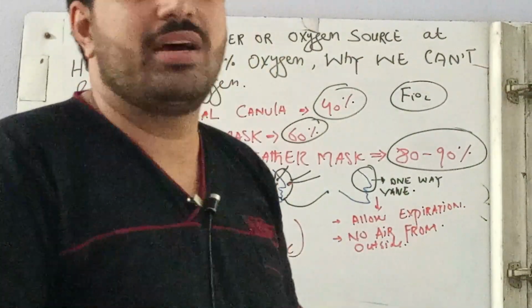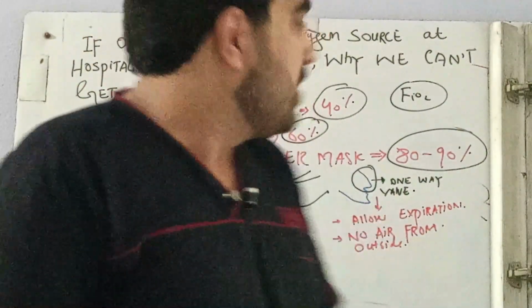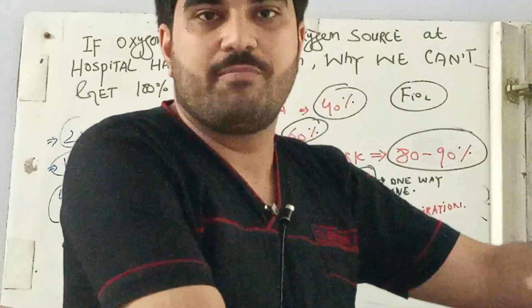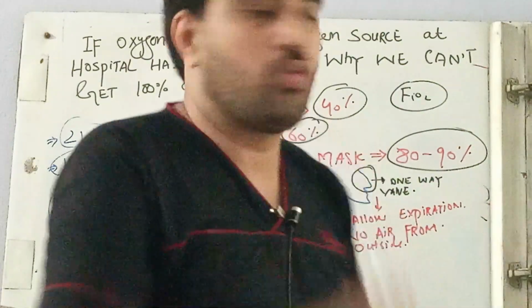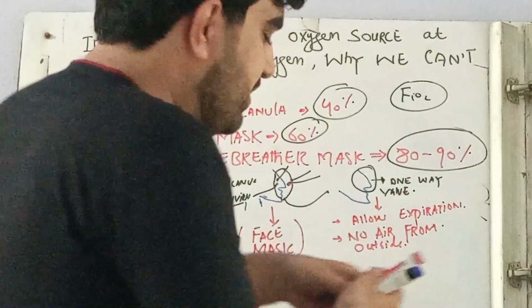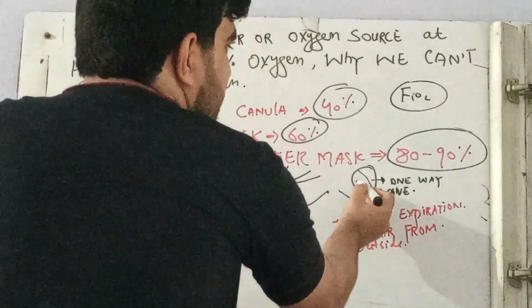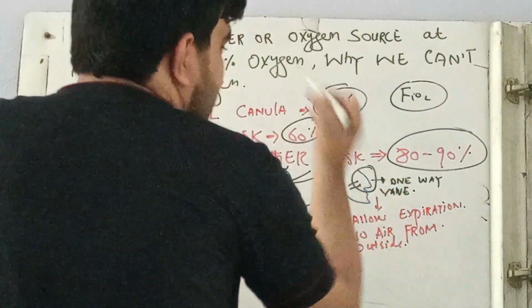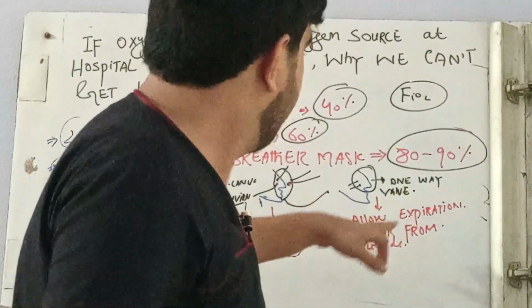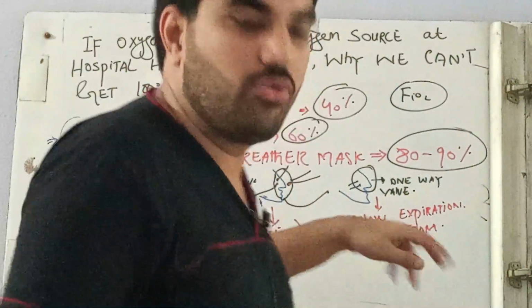Now coming to the non-rebreather mask. In a non-rebreather mask you have a reservoir, a bag in which the oxygen is stored. There is also a special system which allows air only during exhalation, and no air from the outside.